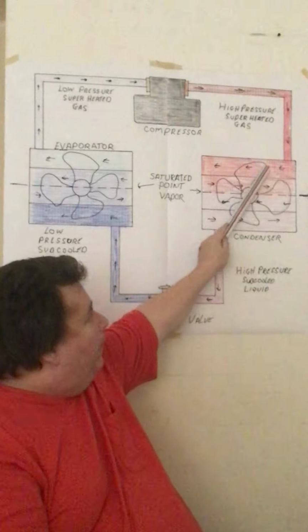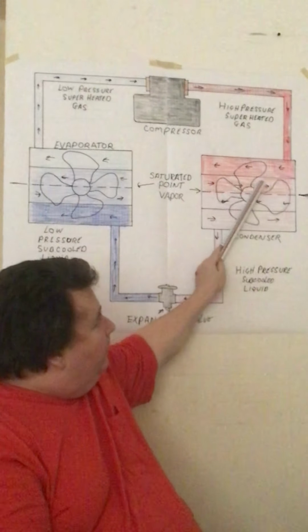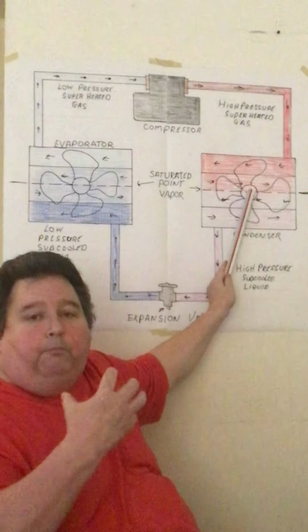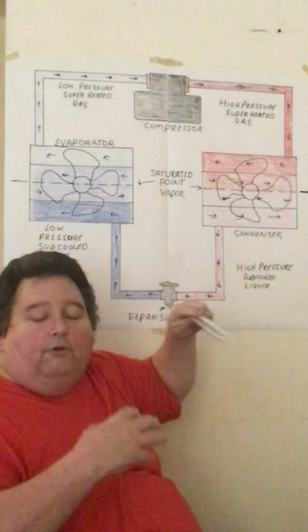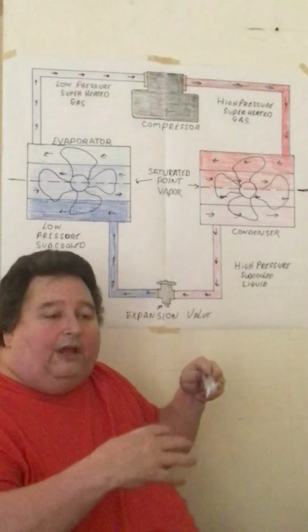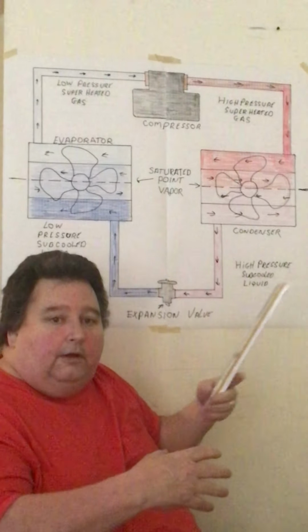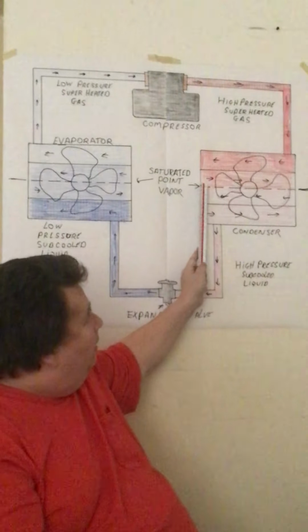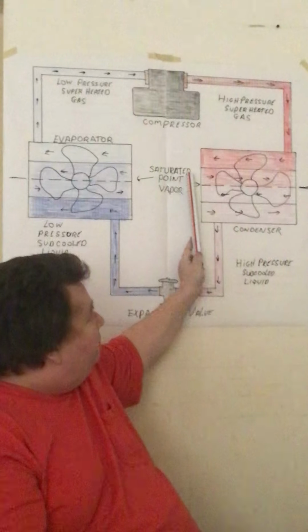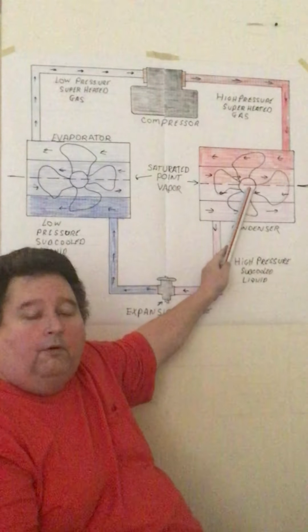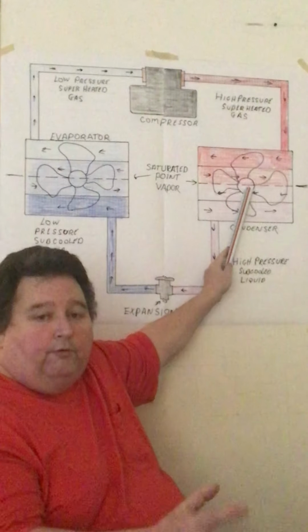The refrigerant has a boiling point. All different refrigerants have different boiling points, which is the saturation temperature. At this point, like I drew with the line, it's the saturation point, where liquid and vapor exist in the refrigerant.